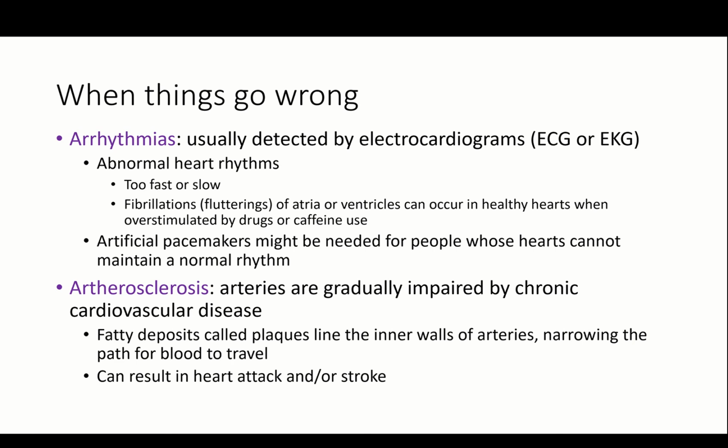This is usually detected through things like electrocardiograms, which can be abbreviated as ECG or EKGs. It can be a situation where your heartbeat is too fast or too slow, and this can lead to fibrillations or flutterings that you sense in your chest.